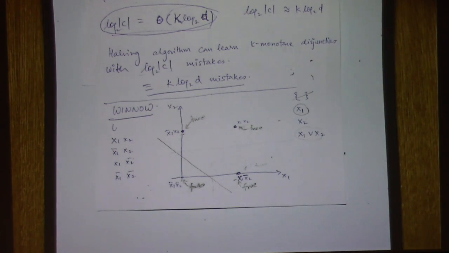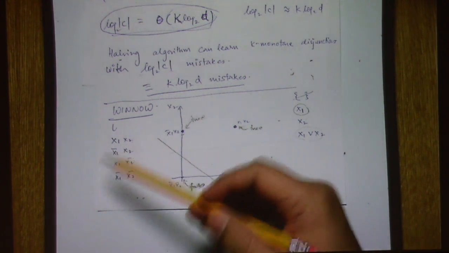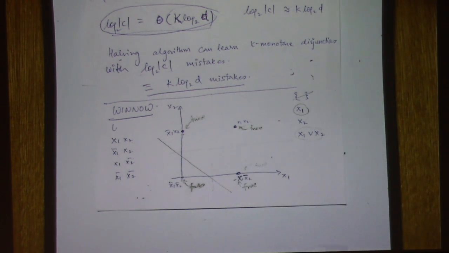So the point is that if you have a data set that is being labeled by a k monotone disjunctive concept, then you can always draw a line that can differentiate between them. And that is the property that Winnow exploits. Instead of trying to learn these concepts, Winnow tries to learn that line, because that's equivalent.